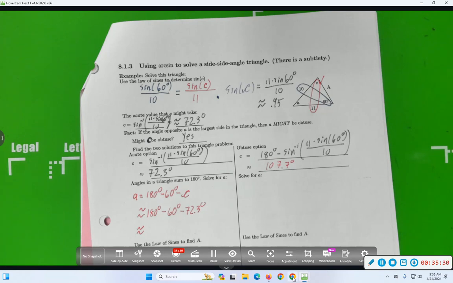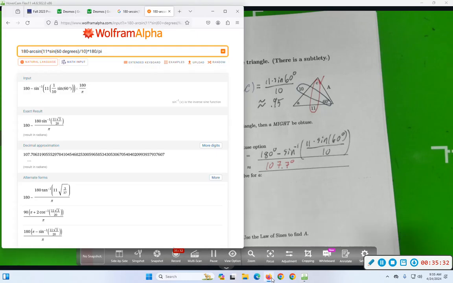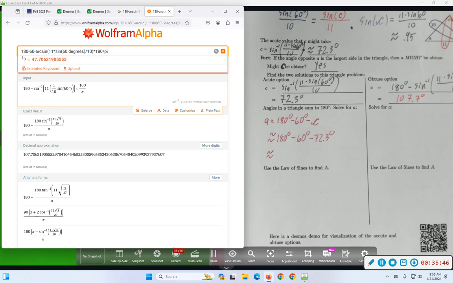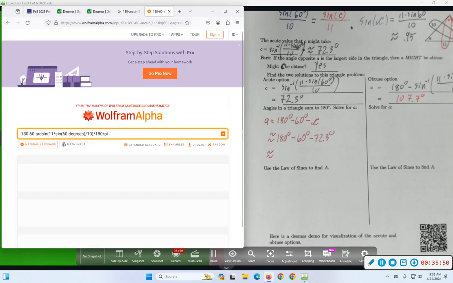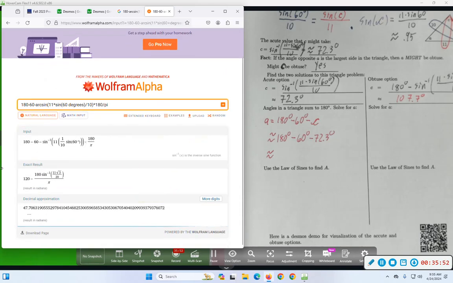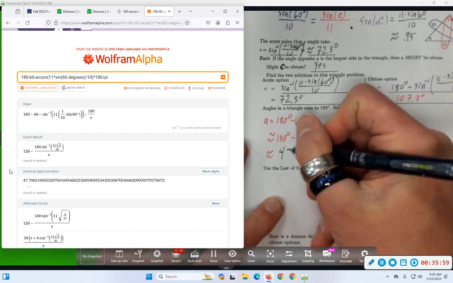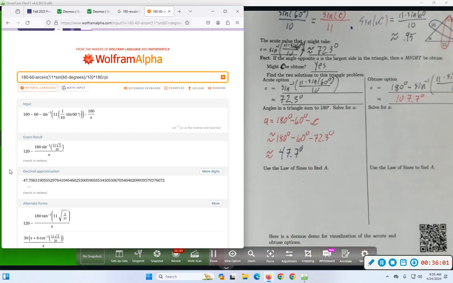And as long as I still have it built into my calculator, let's do that. So I wanted 180 minus 60 degrees, and then minus this arcsine of whatever. I get 47.7. Do you agree? All righty. 47.7 degrees.